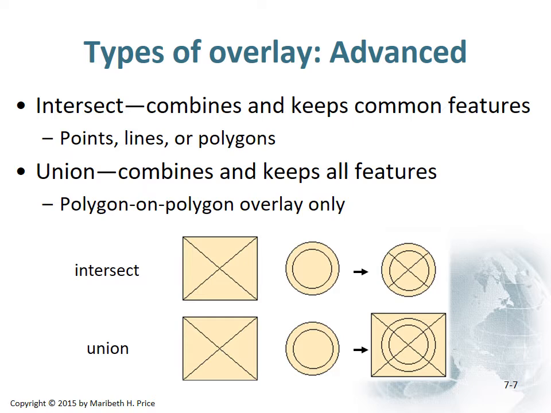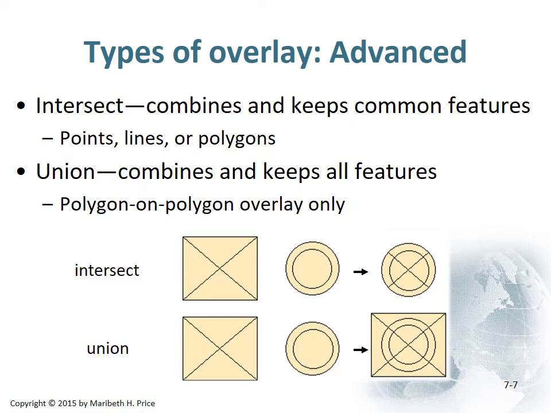So, for example, if you intersect lines with polygons, you're going to get lines out of it. If you intersect points with polygons, you're going to get points out of it. If you intersect points and lines, you're going to get points out of it. You're going to get the minimal intersection between those things as your output.